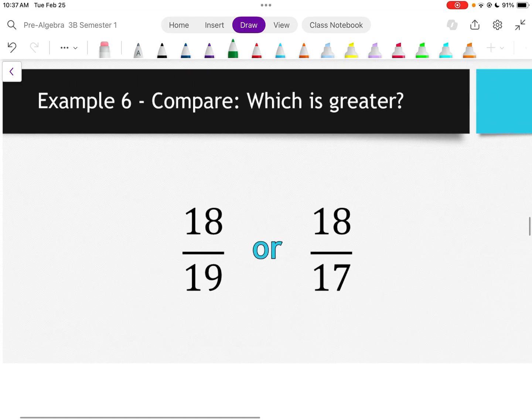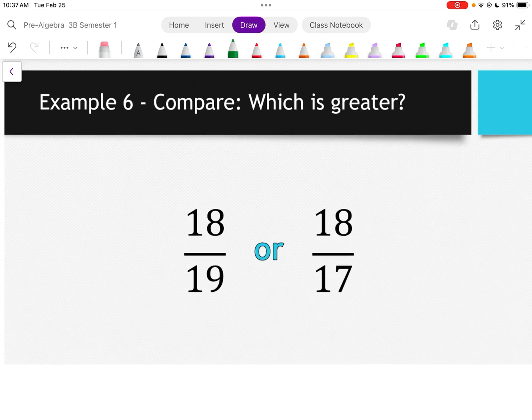Now let's go to our next example. Compare 18 over 19 and 18 over 17. Again, these are both the same number on top. And when it's split into a smaller number of parts, that means the parts are bigger.